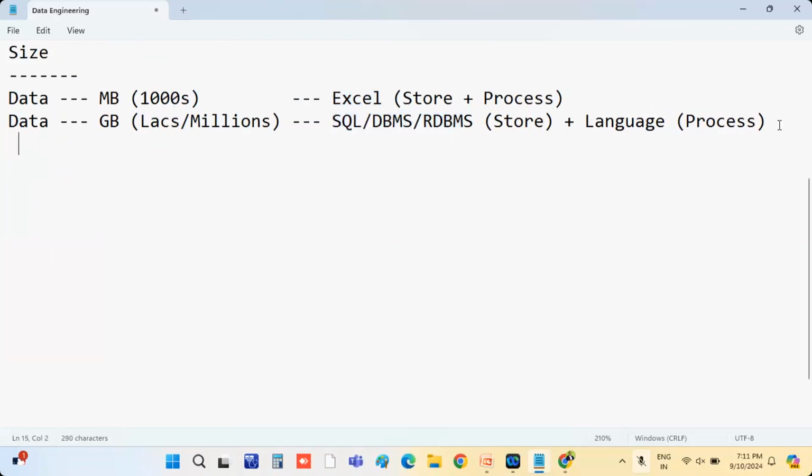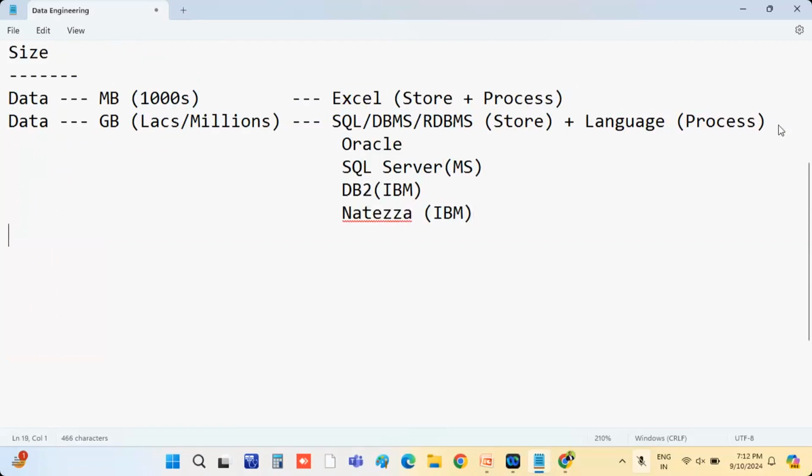Here we're going to use popular software like Oracle, or Microsoft SQL Server from the Microsoft company, or DB2 from the IBM company. All these are called SQL software or RDBMS software. Then we have PostgreSQL, right?